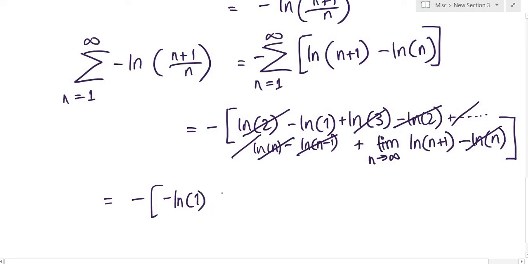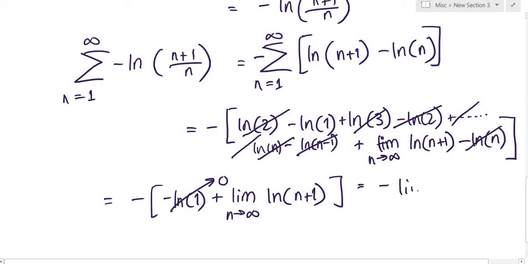and there's a positive here, so plus the limit as n goes to infinity of the natural log of n plus 1. Now the natural log of 1 is 0, so by the end of all this we're only going to be left with negative the limit as n goes to infinity of the natural log of n plus 1.